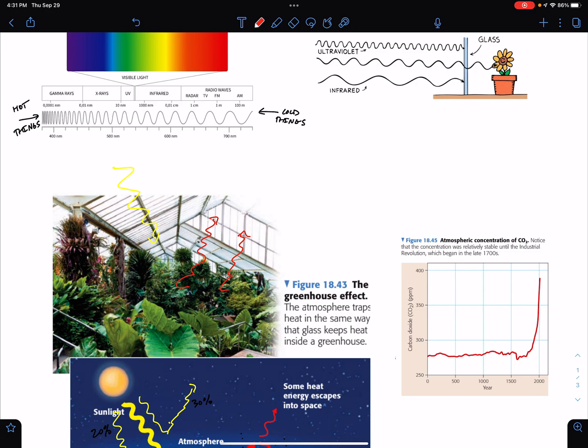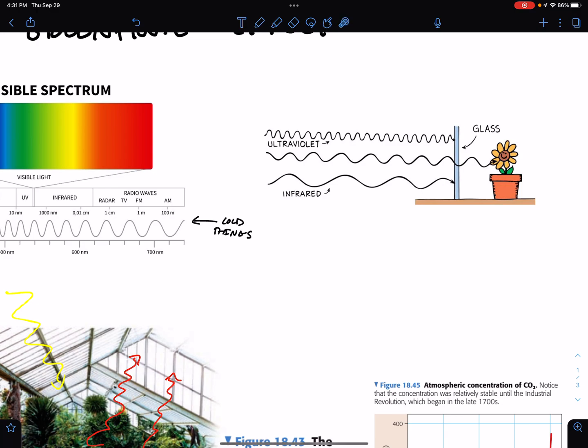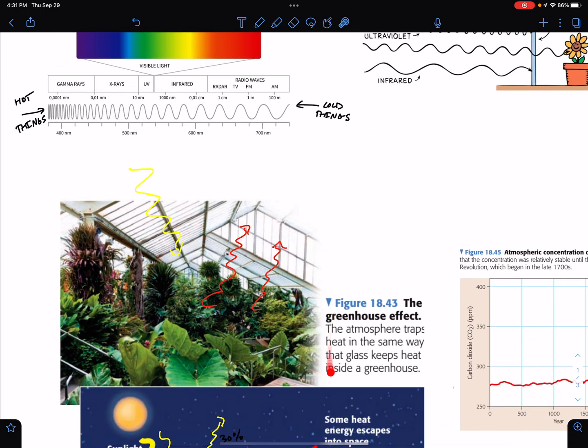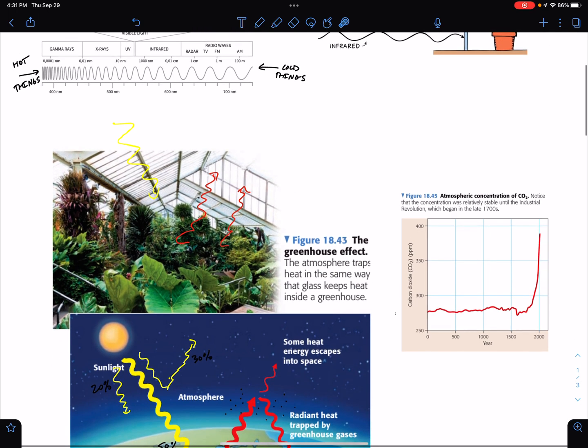However, the glass is not transparent to the heat, and so the heat is trapped in the greenhouse. It cannot get back out. So sunlight can come in, heat light can't get back out. That is the greenhouse effect in a greenhouse.